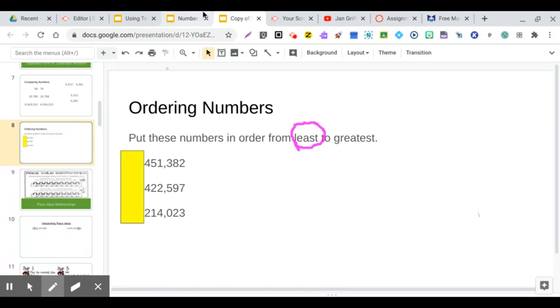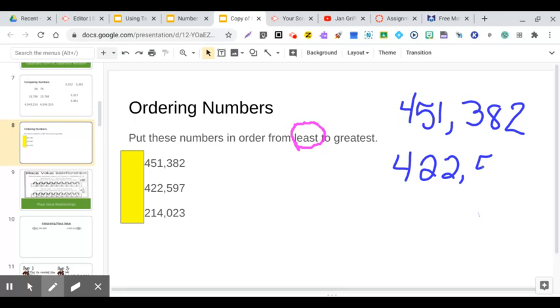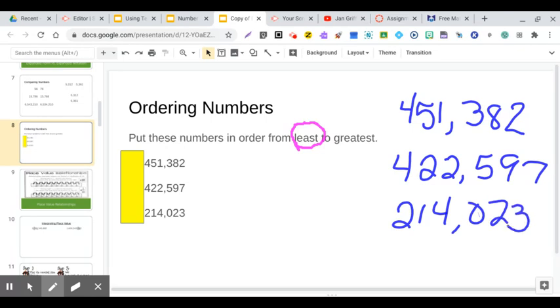And so again, just so you can see what I'm doing, I'm going to use the pen here and rewrite them much bigger. So 451,382, and then I have 422,597, and 214,023.